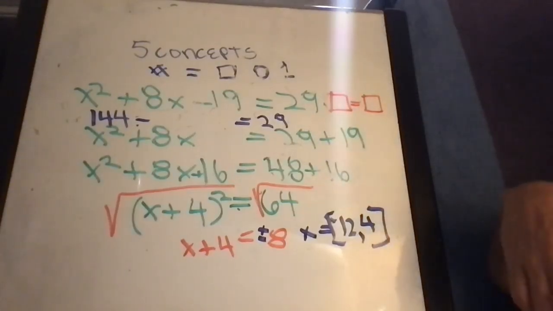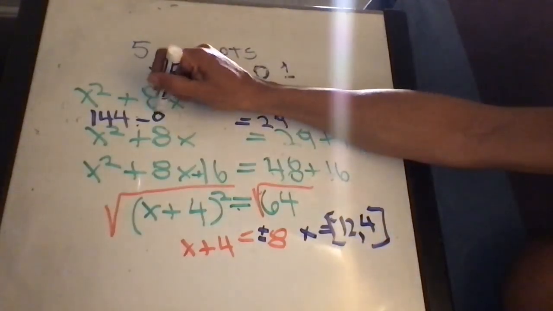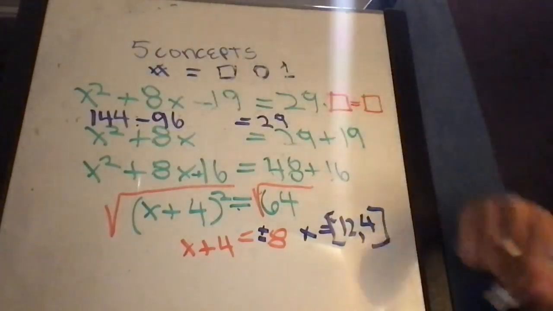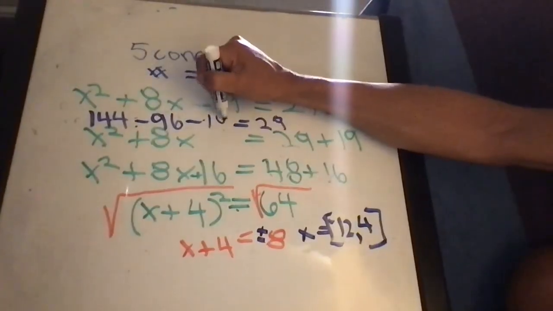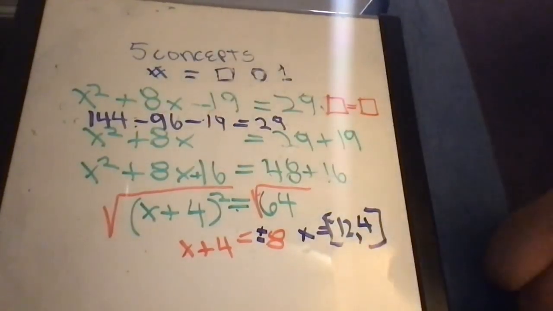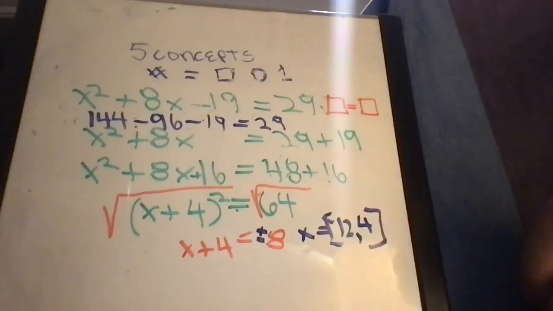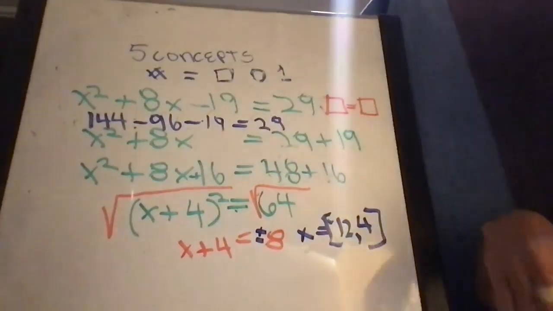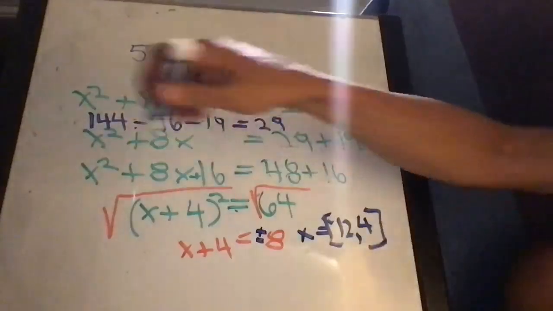Let's see here. I believe that's going to be something like 96. And then I got a minus 19. I think that's right. In fact, I'm sure that's right. But let's do it just in case. Where shall I put it? I shall put it over here.